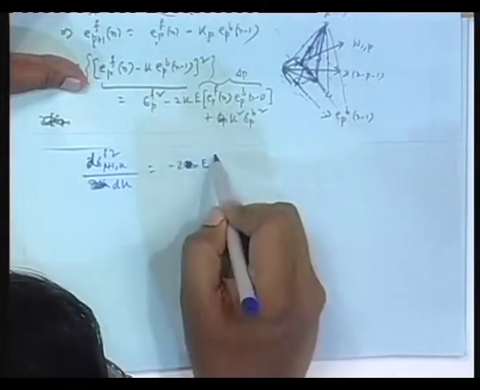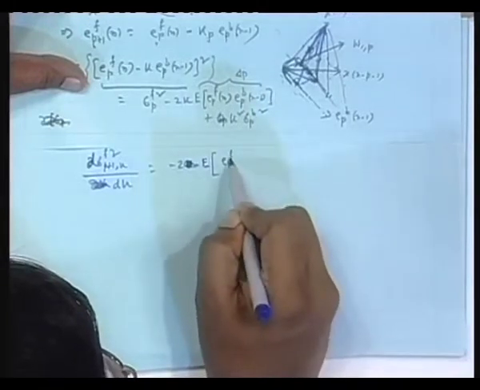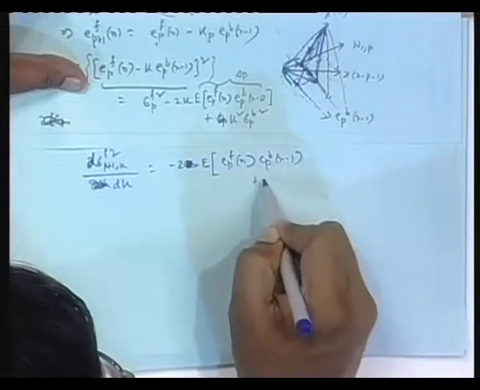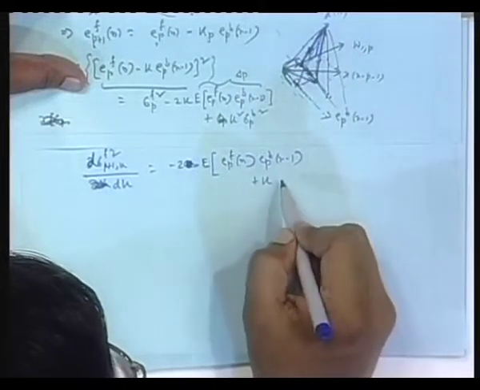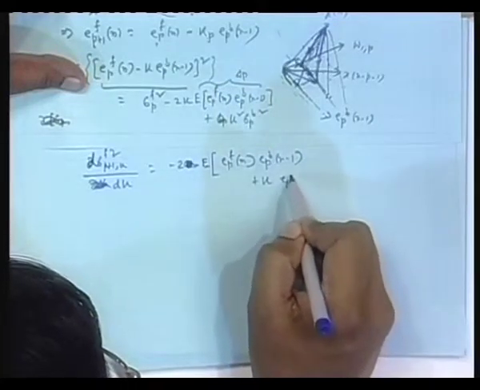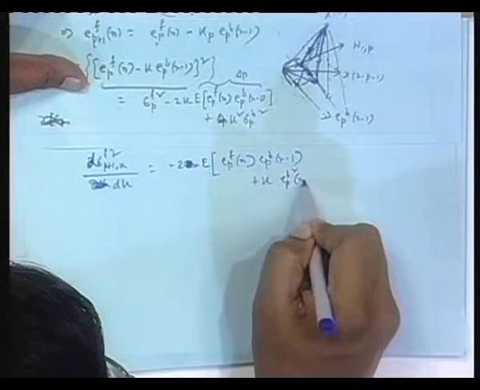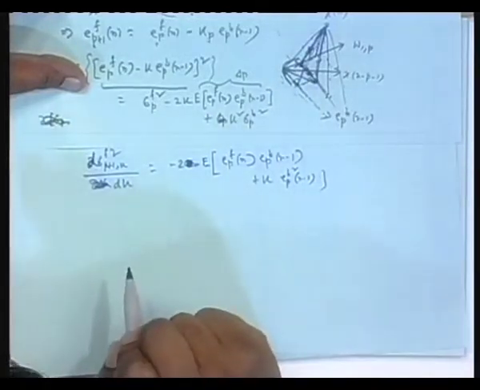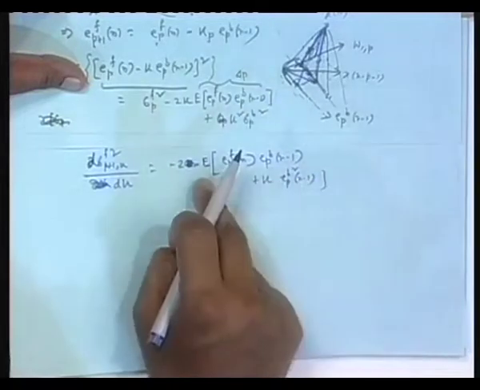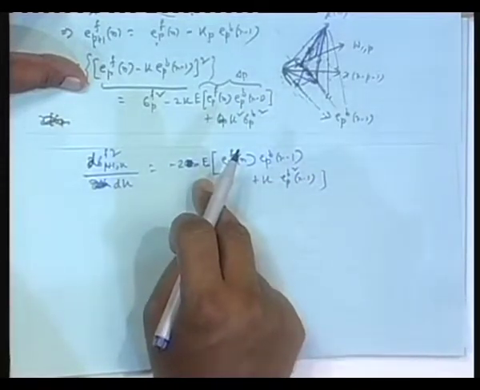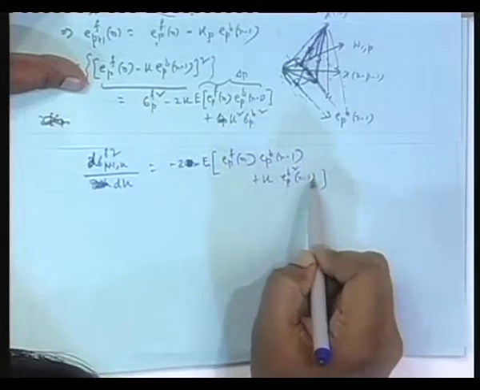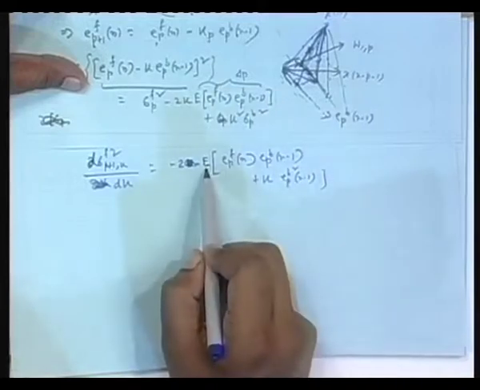So, that 2 and 2 I take common, E p f n E p b n minus 1 plus k times sigma p b square. I am coming back to this form. I am putting them under the fold of E operator. Instead of sigma p b square, I am writing E p b n minus 1 square and putting it under E operator. That is fine.